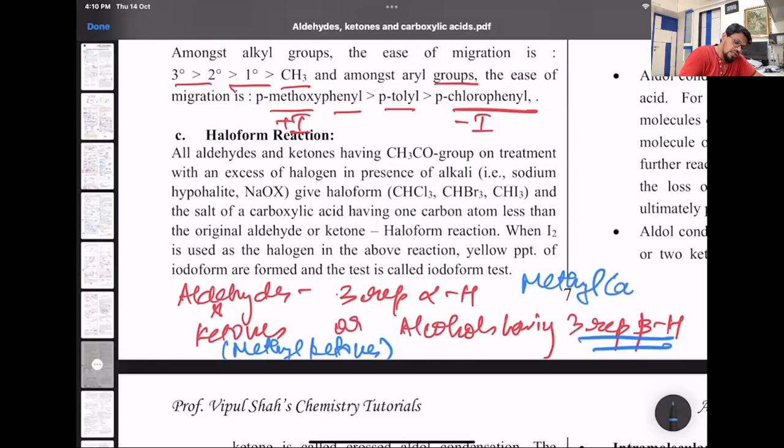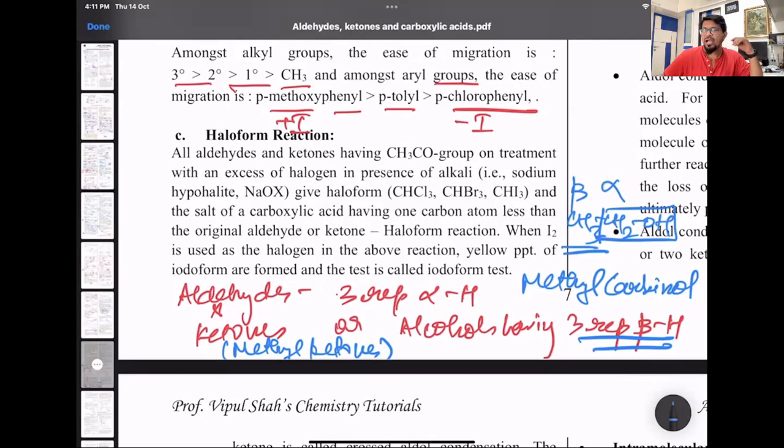If anybody remembers the carbinol system, carbinol was basically the name of methanol extracted from wood by destructive distillation of wood. So methyl carbinol means from methanol, replace one H and put a methyl group. Technically the compound is ethanol only. So CH2OH is your carbinol, and this will have 3 replaceable beta H atoms.